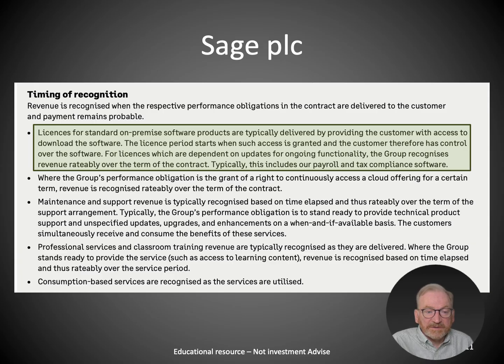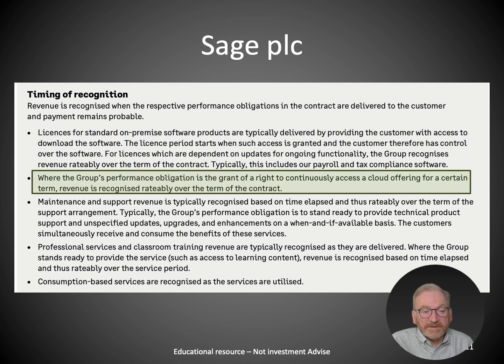The license period starts when the access is granted, and the customer therefore has control of the software. So in that case, in an on-premises type of installation, they will recognize the revenue from the software when it's provided to the customer.